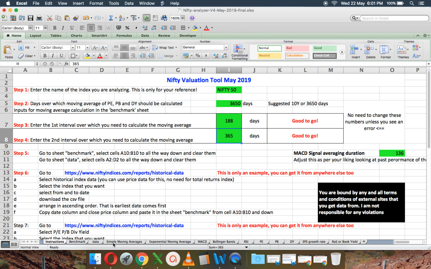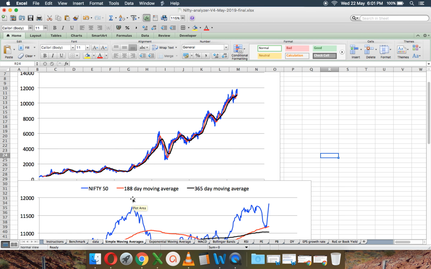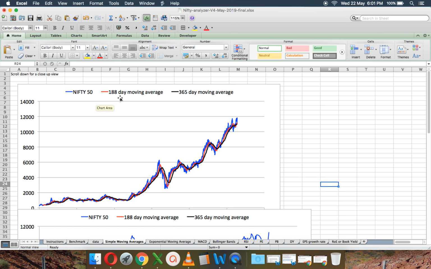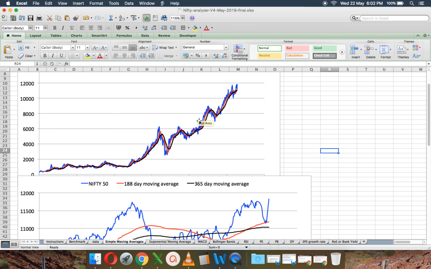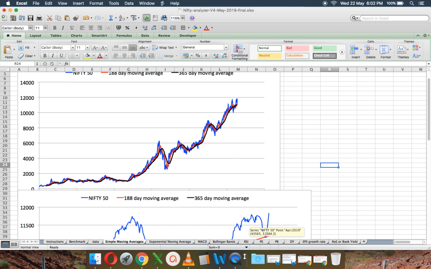So the simplest technical indicator is the approximately 6-month on the 1-year moving averages. So these are the double moving averages. And what happens here is, you can see here, let me just go back here.